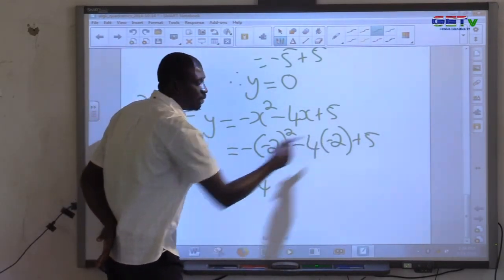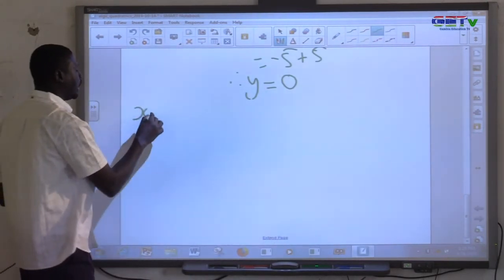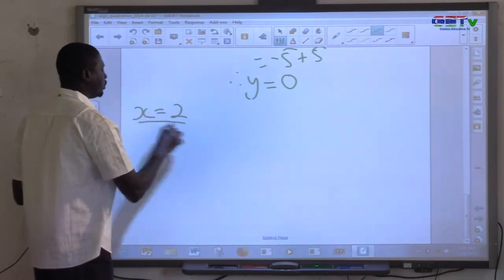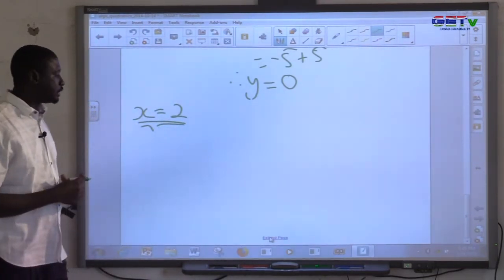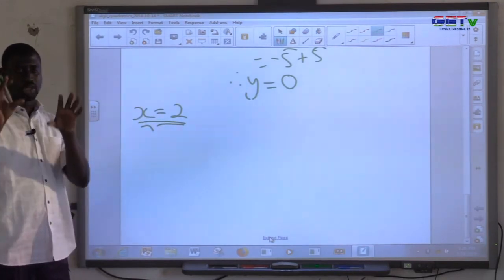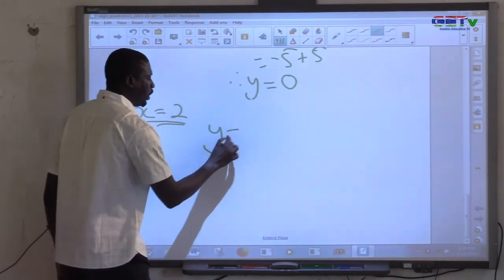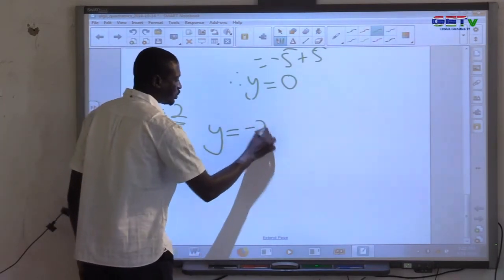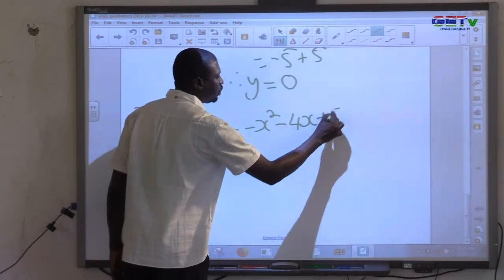We choose another point, that is when x is equal to 2, we substitute in place of x 2 in the quadratic function. So the quadratic function given is y is equal to negative x squared minus 4x plus 5.